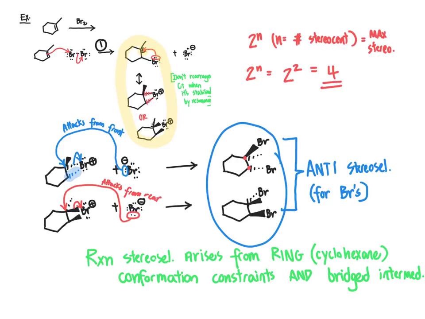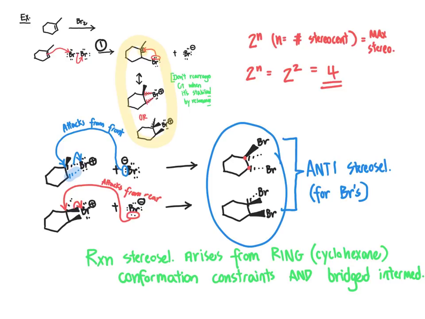And moreover, the fact that we have that bridged intermediate, meaning that 3-membered ring that has the bromine or the chlorine as part of it. And that bridged intermediate has to be locked cis, meaning that the 2 bonds to bromine or 2 bonds to chlorine are cis. And that ultimately then is going to cause the second bromine atom that comes in and attacks to attack from the face opposite that, giving rise to a preference for the trans products here.